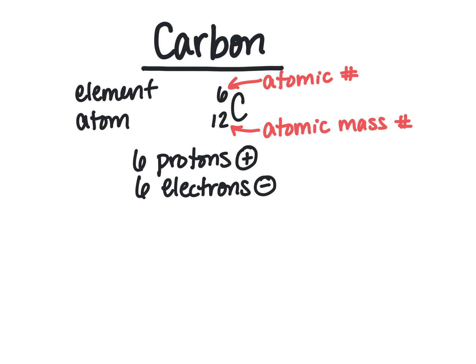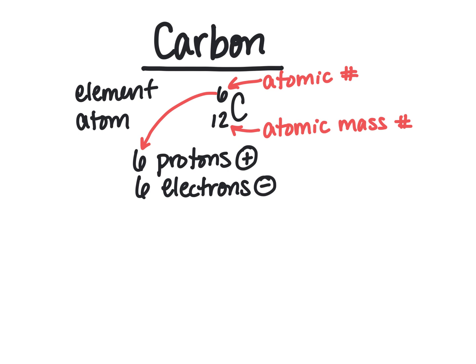So technically that 6 tells us that there are the 6 protons, and then we can figure out that carbon also has 6 electrons because carbon is a neutral atom. So you have to have the same number of negatively charged electrons as positively charged protons in order to get a neutral atom.